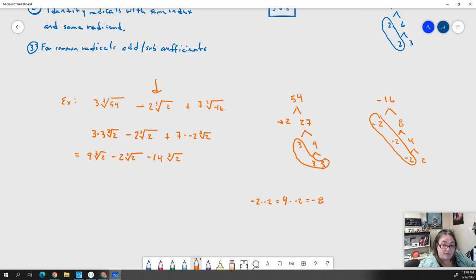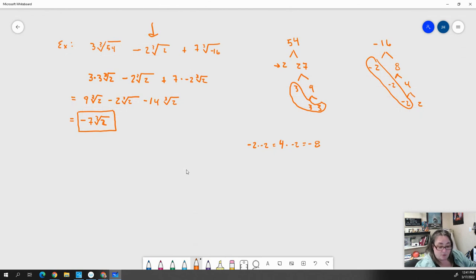And since all of these are cube root of 2, we can just add and subtract their coefficients. So I can go 9 minus 2 is 7. Minus 14 is negative 7 times the cube root of 2. Does that make a little bit of sense? A little bit? Okay.